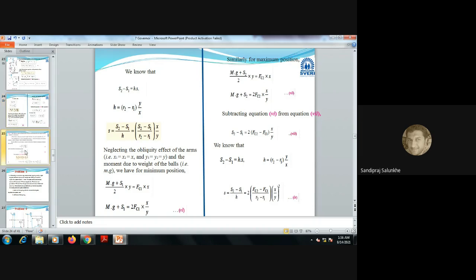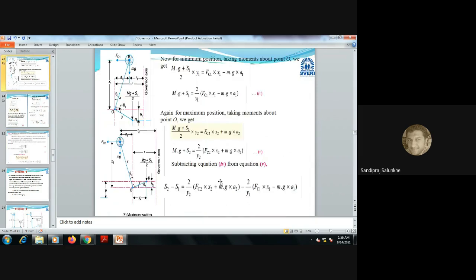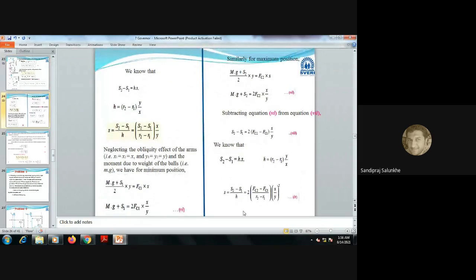And that we are going to correlate with the centrifugal force FC2. It means the centrifugal force when the radius is maximum, and FC1 is nothing but the centrifugal force applied when the radius is minimum, divided by maximum radius minus minimum radius, into X by Y. X by Y is nothing but the distance of bell crank lever square.